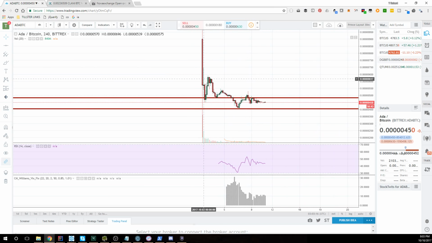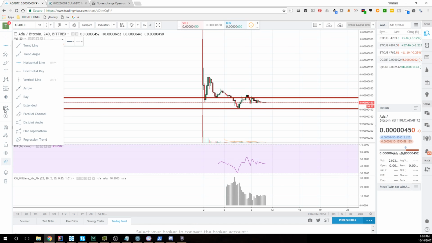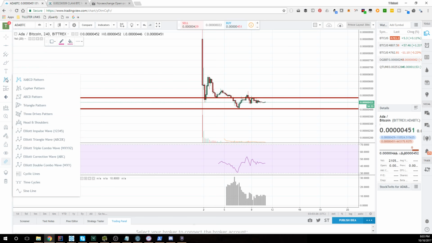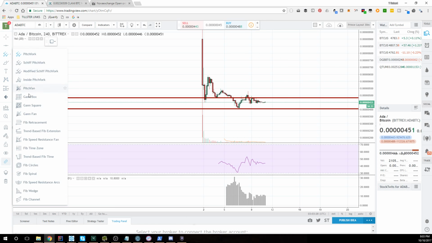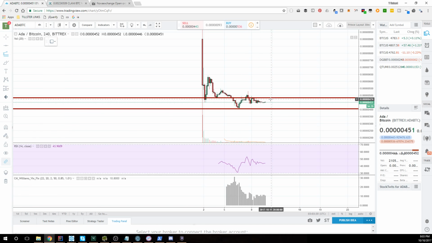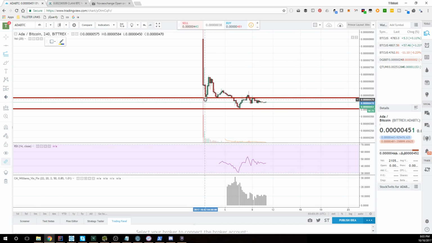We really don't have a lot of historicals to go off of, but let's say for 1 minute that we used a Fibonacci extension on the downside to see where this could go. I'll find my tool. My trend-based fib extension. If I used it to go up and then project something... Sorry, that's not what I want to do.